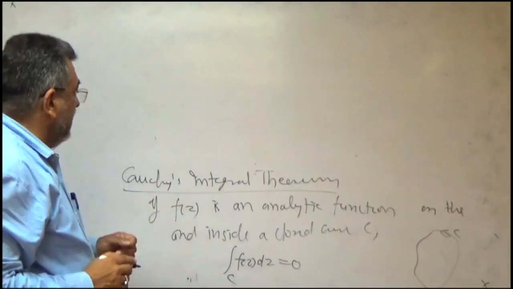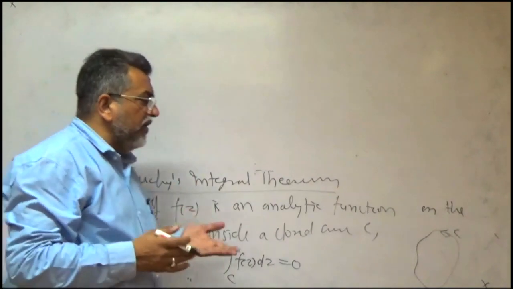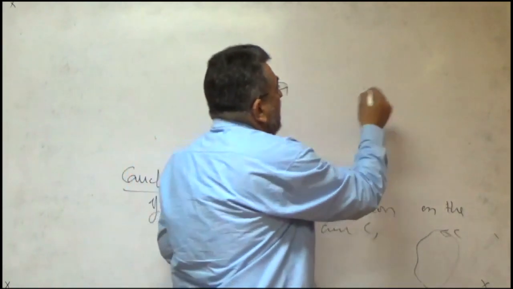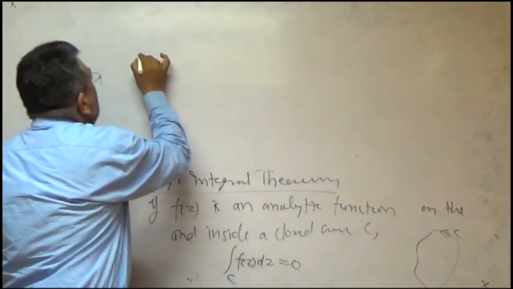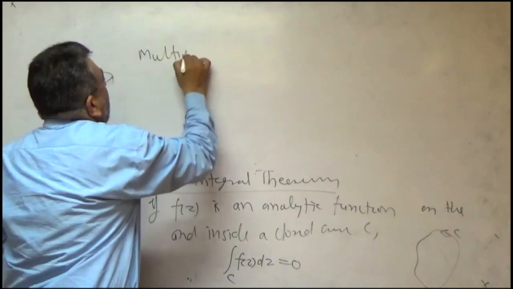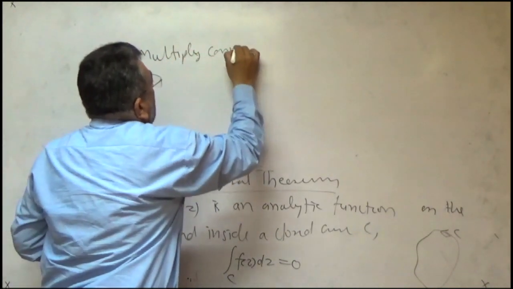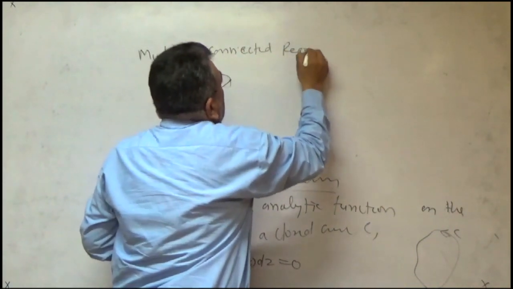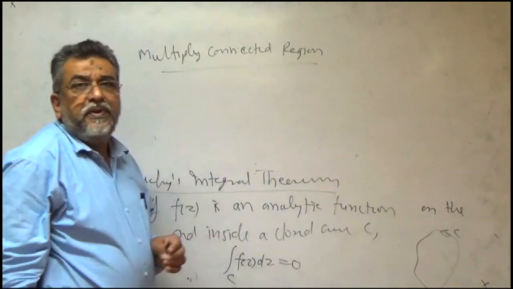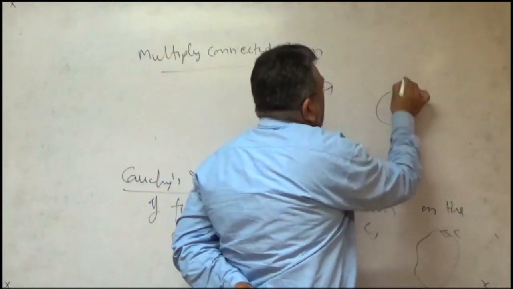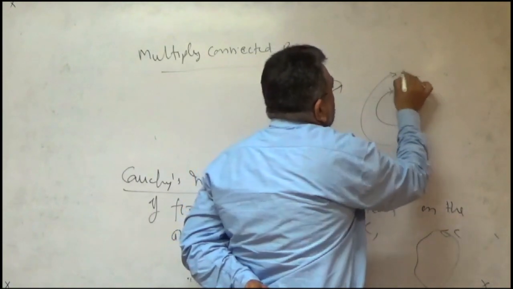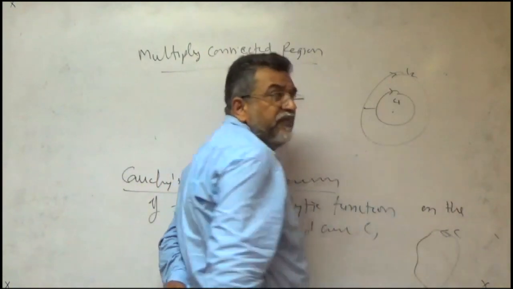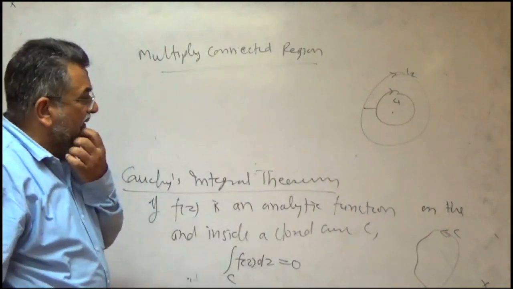And the second thing: there are a number of types of curves, closed curves, arcs, and there is also a type called multiply connected region. If we take two concentric circles, this is C1, this is C2, around the origin, like that, then this is a multiply connected region.